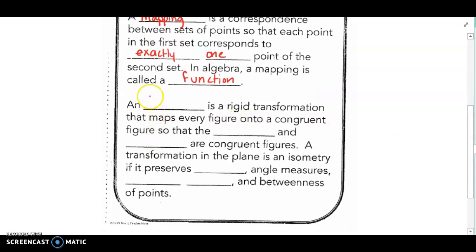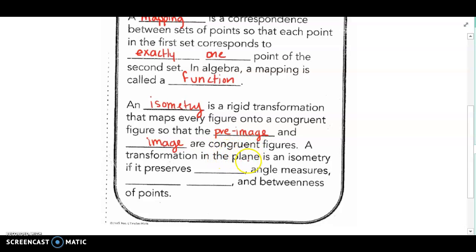An isometry is a rigid transformation that maps every figure onto a congruent figure, so that the pre-image and the image are congruent figures.